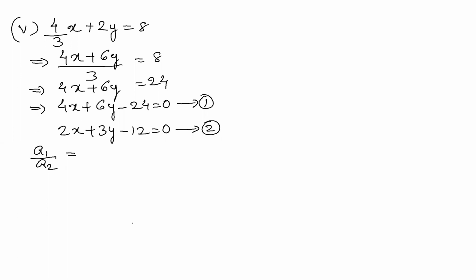Shreya got the answer already, but in between you can say this one. What is a1 by a2? So 4 by 2, which is equal to 2. Very good. And b1 by b2, Shreya, continue. b1 by b2, 6 by 3 is equal to 2. Correct. Now to Nuha: c1 by c2.